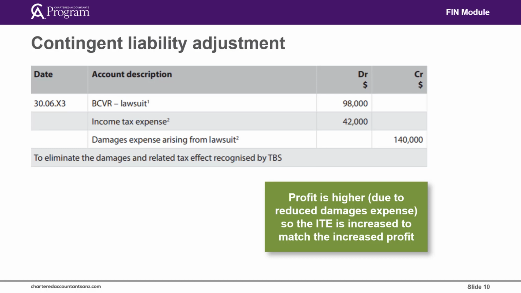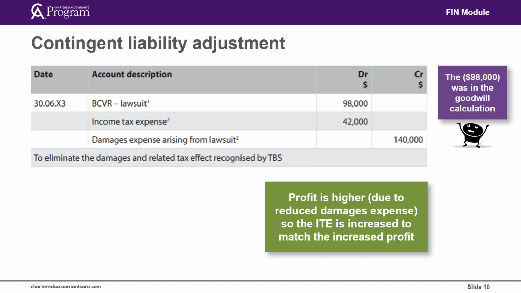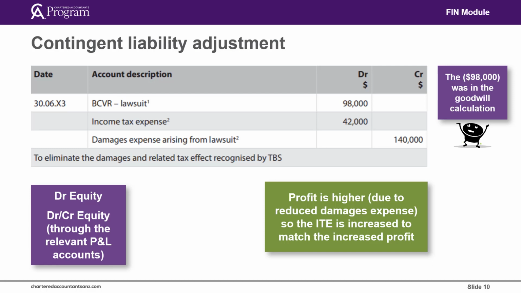So you can see that when we credited damages expense, that credit is affecting profit, therefore we match that by increasing income tax expense, therefore we debit it. The balance in the entry goes to the BCVR account, as this is one of our acquisition date fair value adjustments from the Goodwill calculation. The consolidation journal entry does not impact any balance sheet assets or liability accounts, and this is because the damages claim has now been settled.